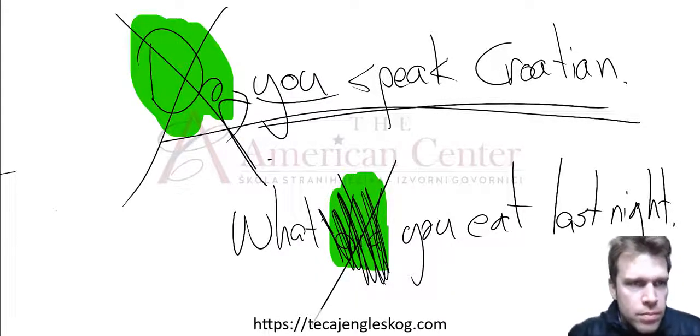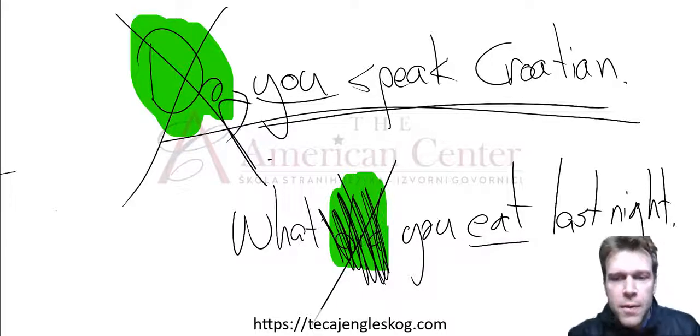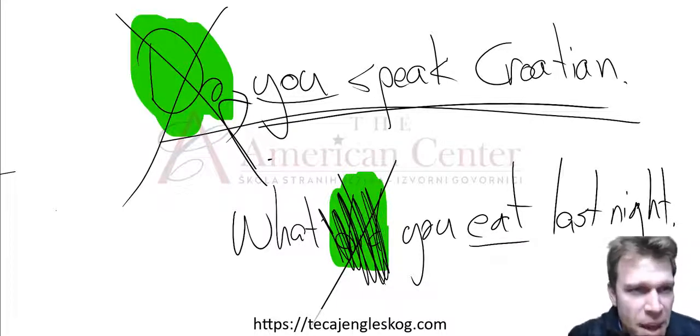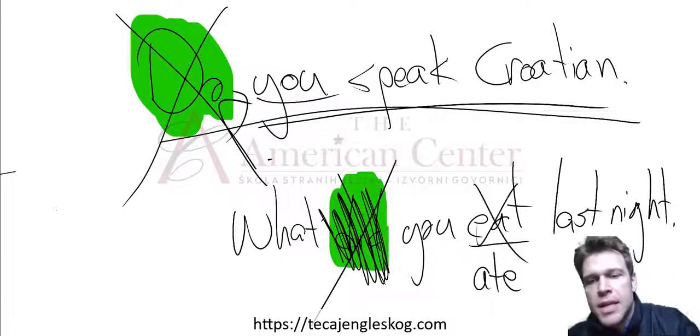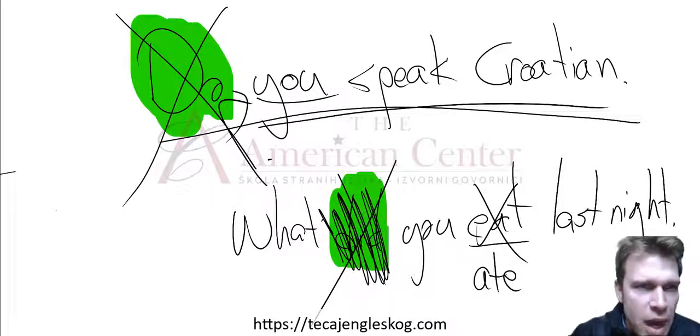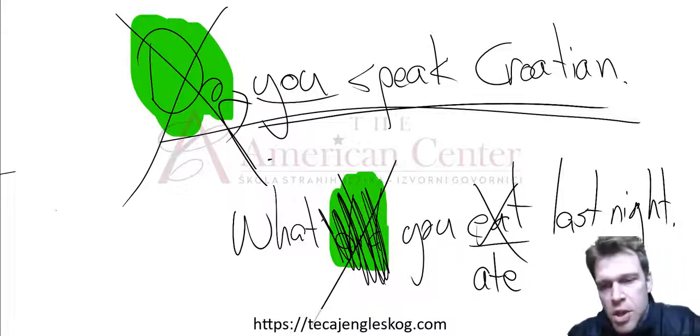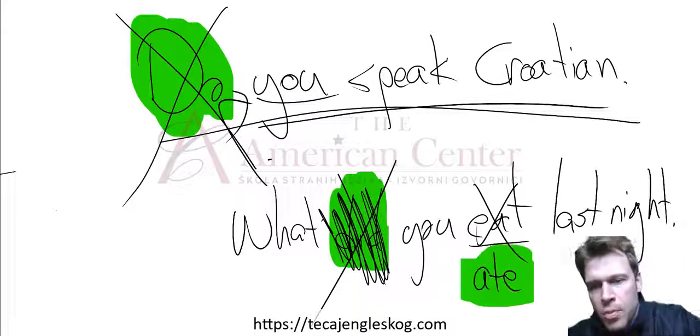We have a problem because now the infinitive eat is not past tense. We have to make it past tense. We have to change it to ate. Eat changes to ate. We do not change tense when we change direct to indirect. We have to keep the same time. So this is the new verb.